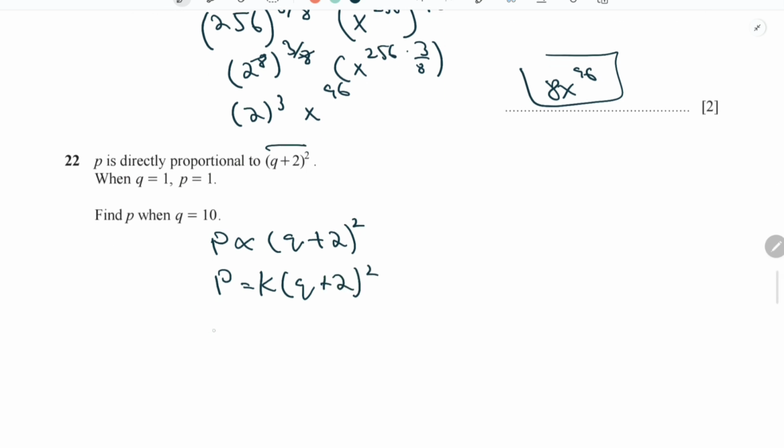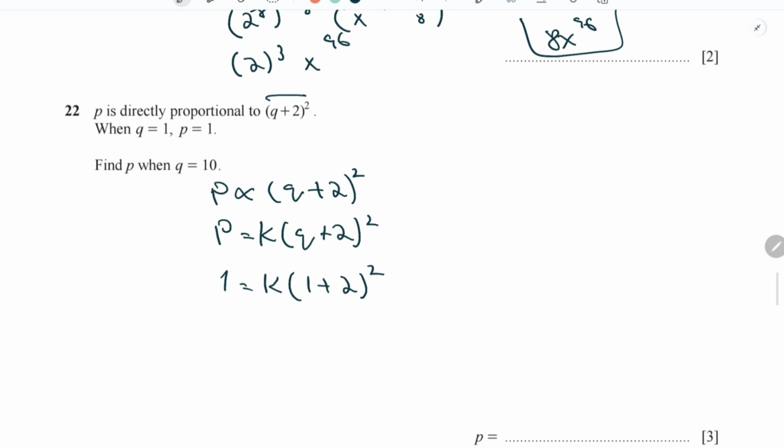Then we substitute the values, q equals 1 and p equals 1, so 1 equals k times 1 plus 2 squared. So 1 equals k times 3 squared, that means 1 equals 9k, and 9k equals 1, that means k equals 1 over 9.